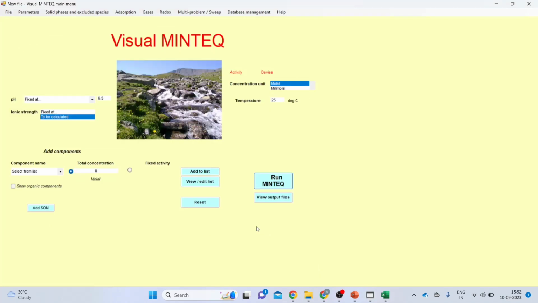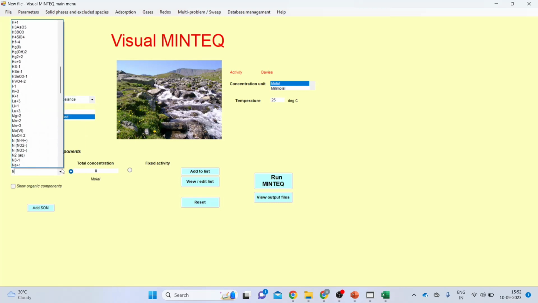Let me see the question once, whether the system was open or not. It is mentioned that while mixing, the system is closed. So we have to find out the pH. Let us first reset it. So we have reset it. We have to find out the pH from mass balance.